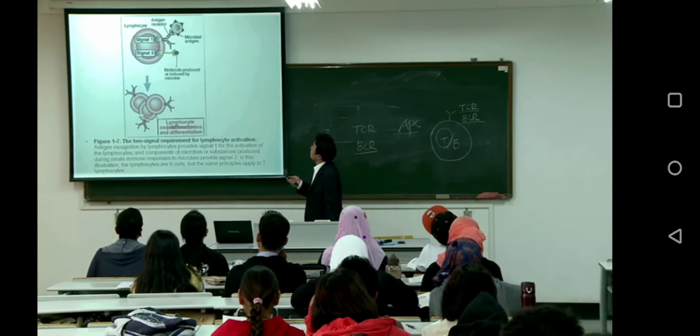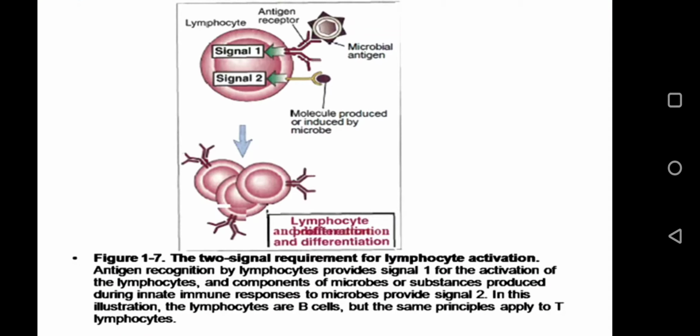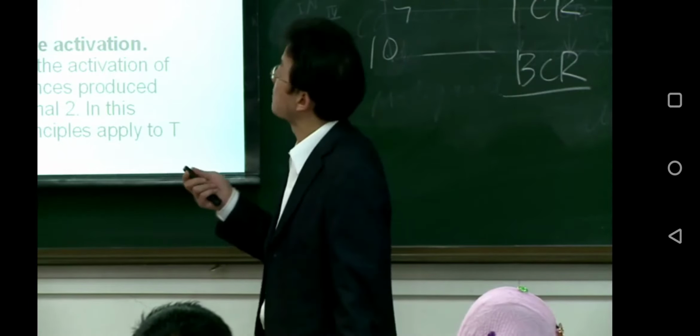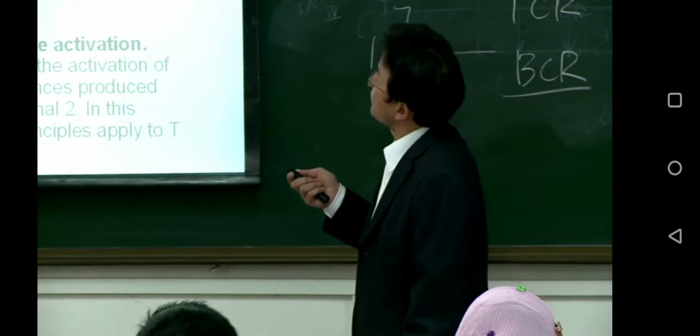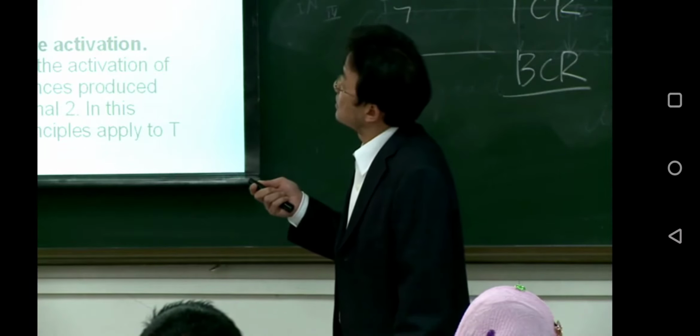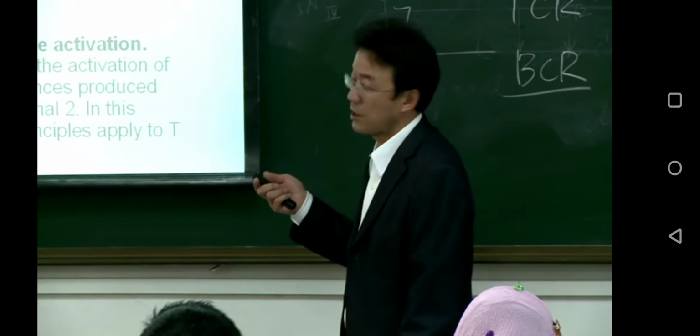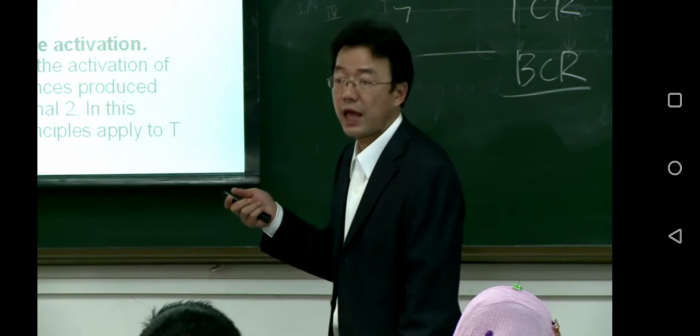So, T lymphocyte activation needs two signals. One is signal 1, the antigen signal. The second is a signal derived from some local receptor. Without the second signal, the T lymphocyte will go through apoptosis or go through anergy.